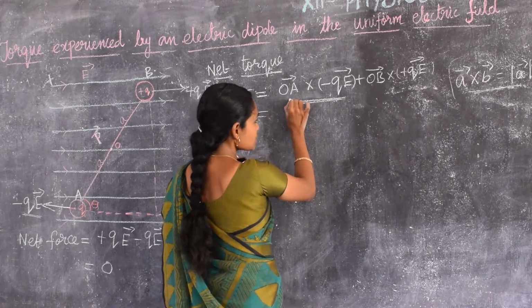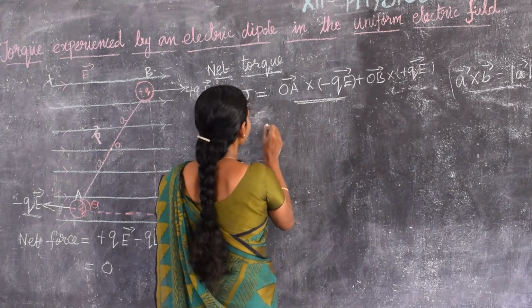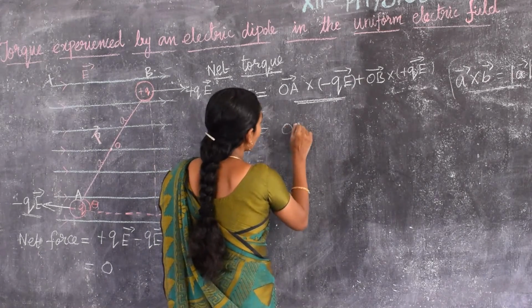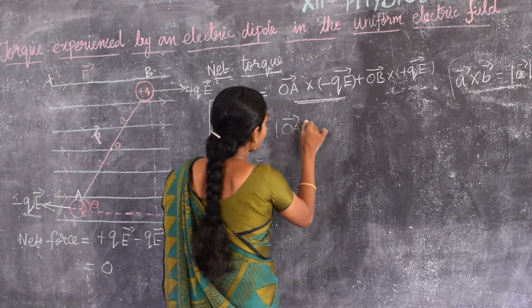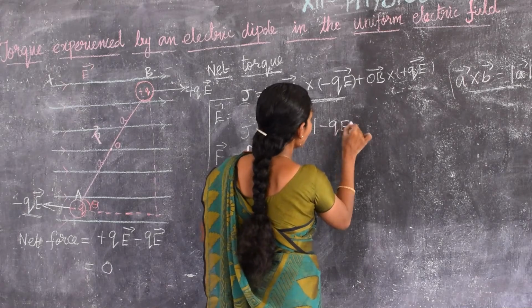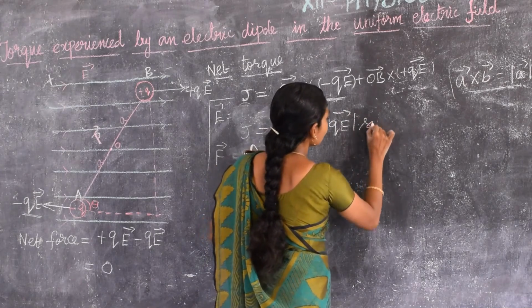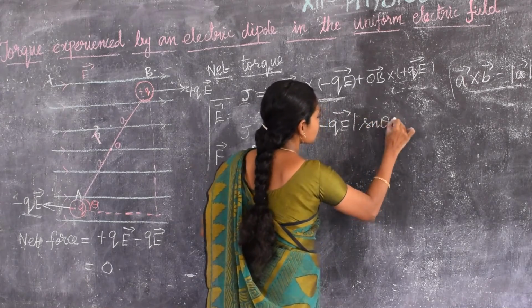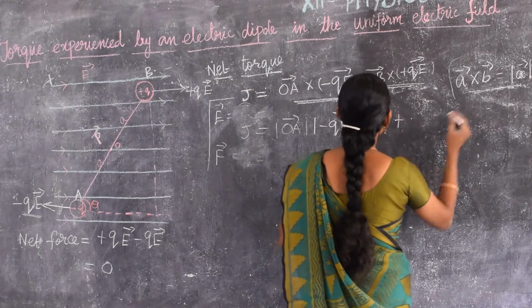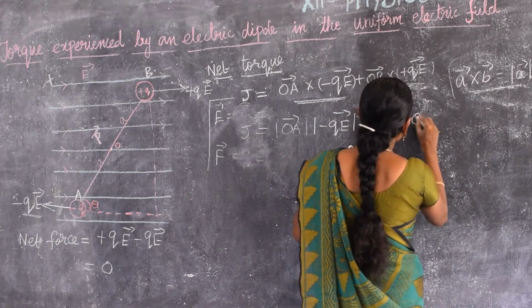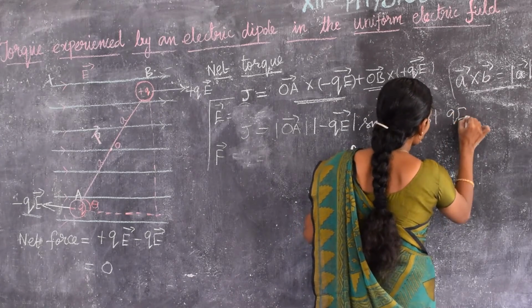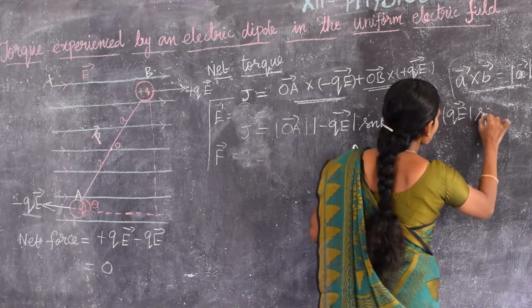So instead of this we write tau is equal to mod of OA, mod of minus qE, sin theta, plus here also in a similar way, mod of OB vector, mod of qE vector, sin theta.